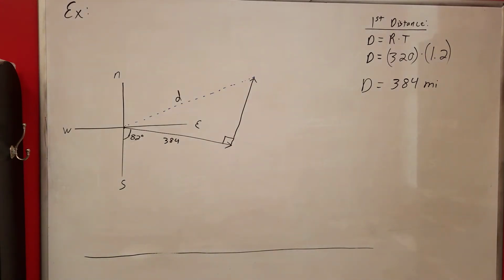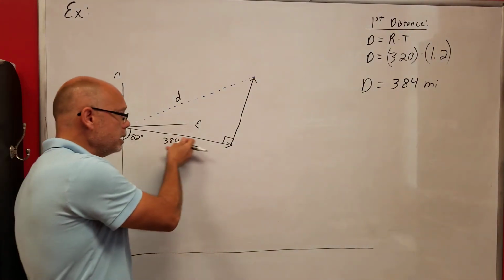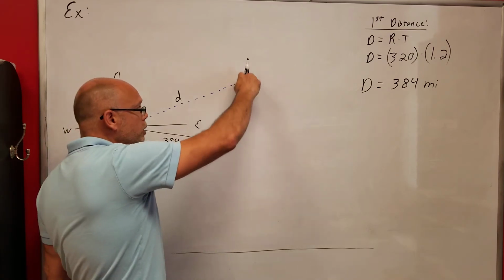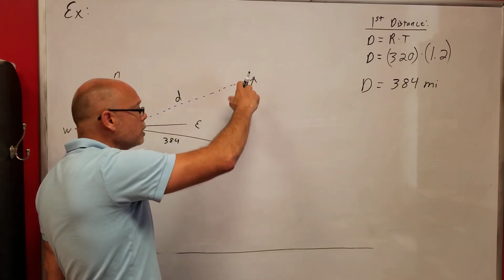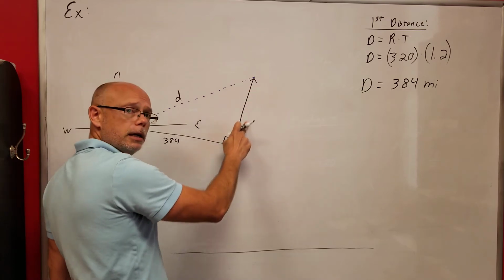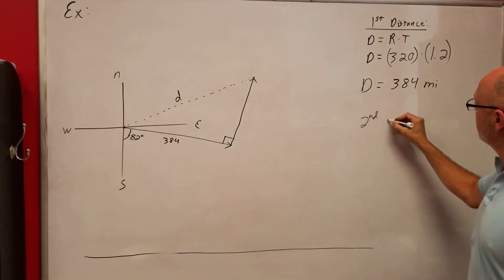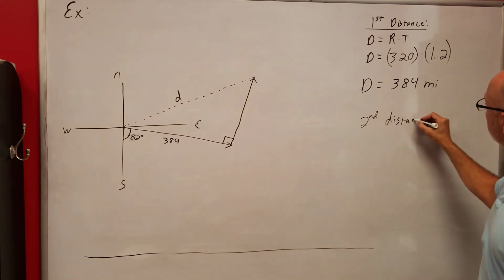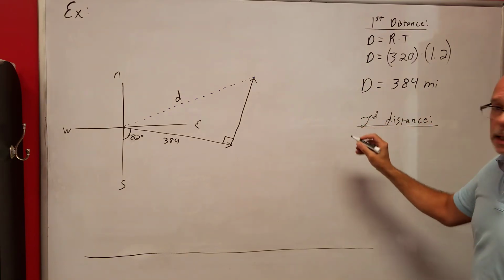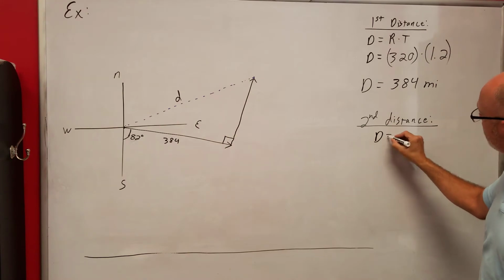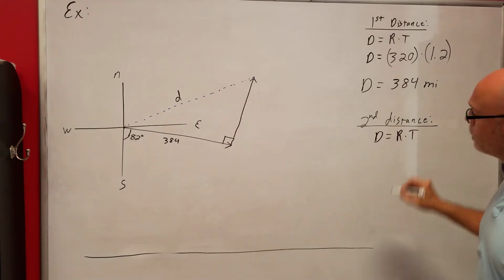All right, what else happened? This plane took a 90-degree turn and went that way for so long. So let's find this distance right here. I'm going to call that my second distance. Distance is equal to rate times time according to my formula.